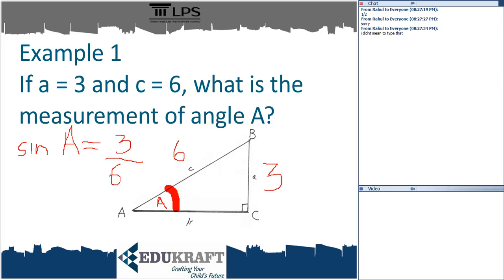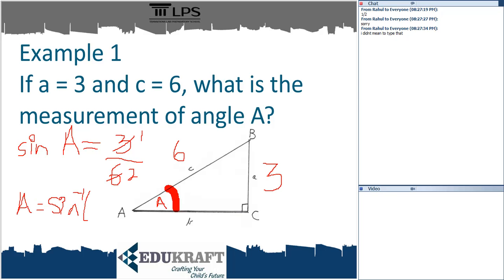Is everyone getting that? So I have used the sine ratio. Sine of A is opposite upon hypotenuse, and that is what Rahul got as the answer. The answer which Rahul got was half, but half is not the answer. My objective is to find the angle A, and angle A is going to be equal to sine inverse of half.